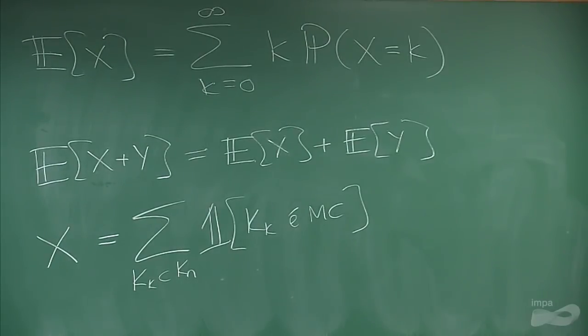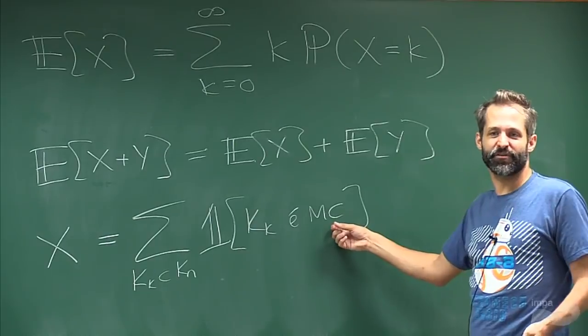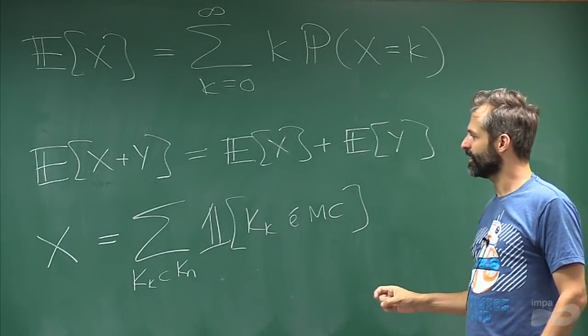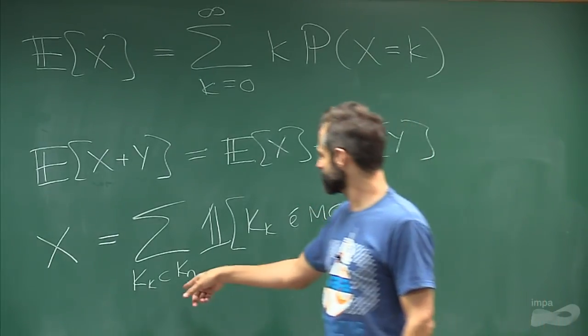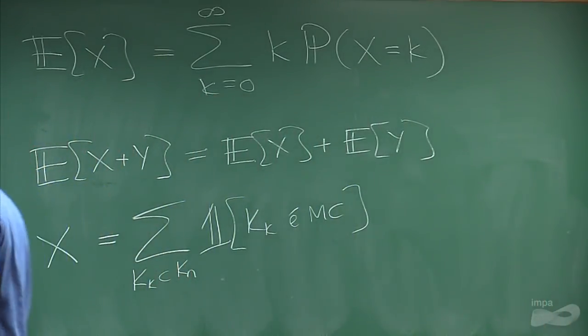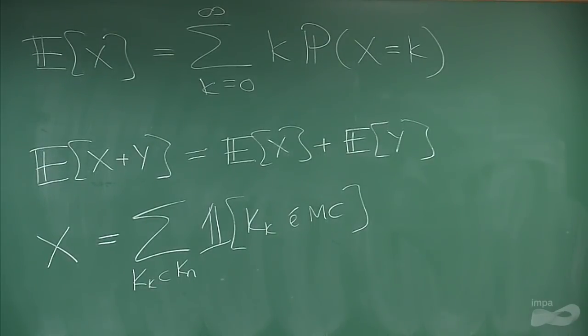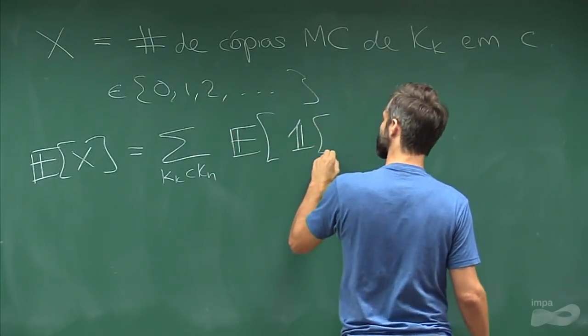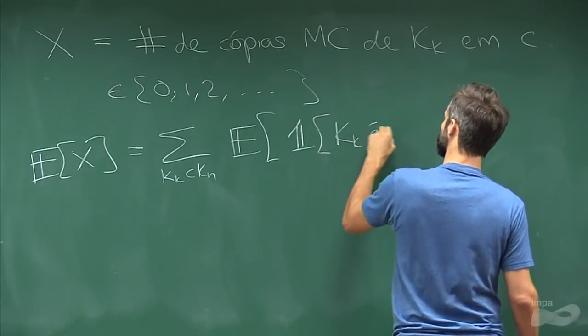You count 1 if it's monochromatic, so this is just the number of monochromatic copies. So then what's the expectation of X? Let's just use this definition. It's the sum over copies of K_k in K_n of the expectation of the indicator function that the copy is monochromatic.